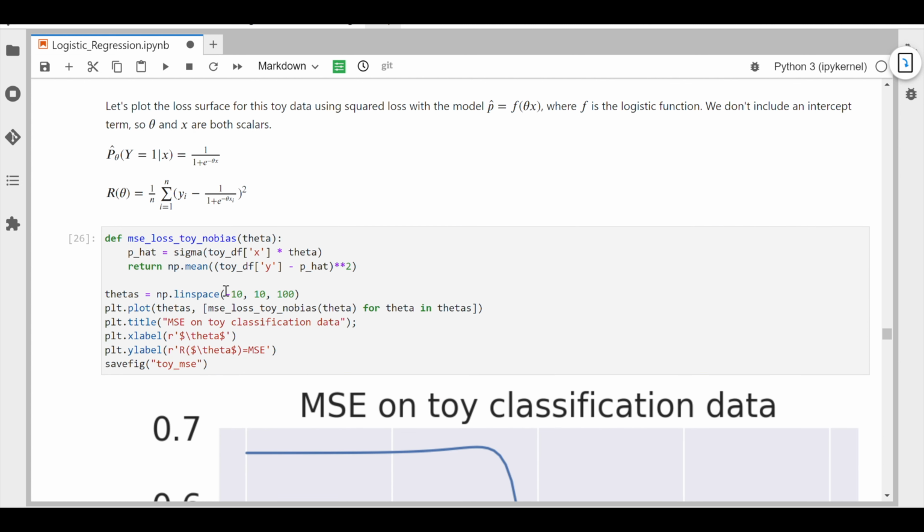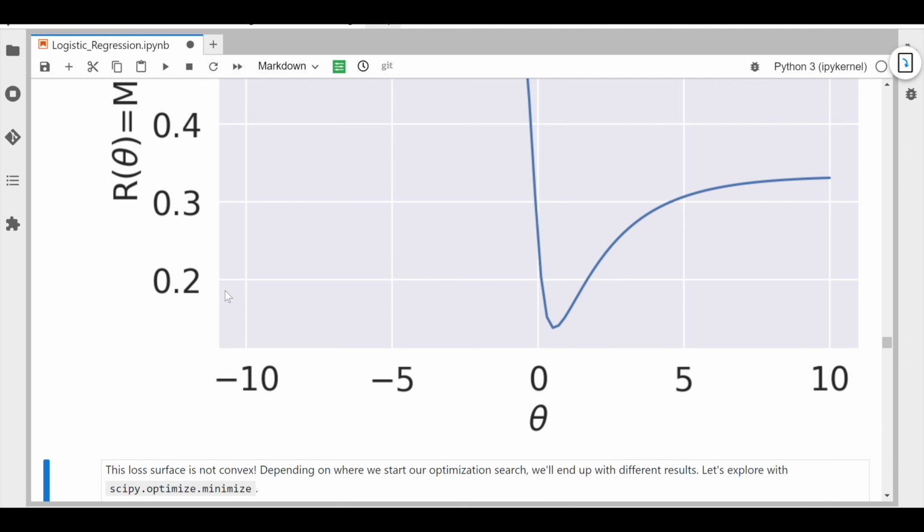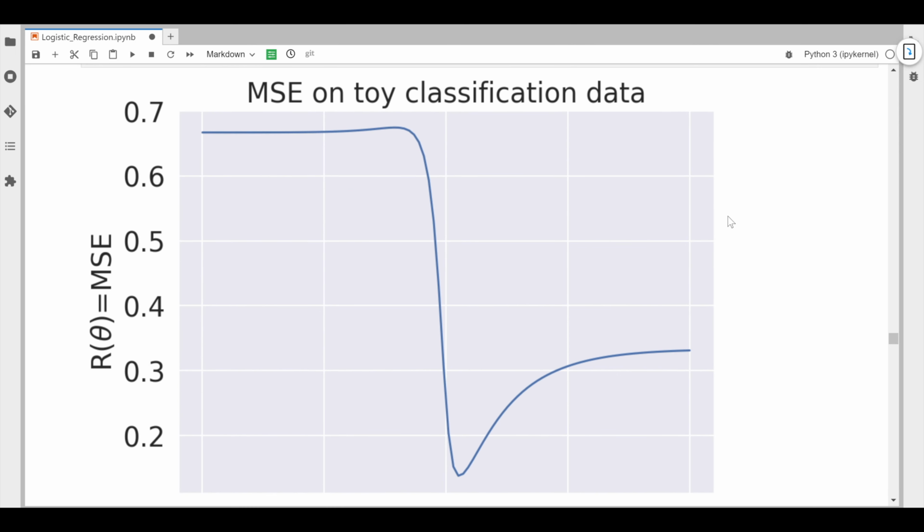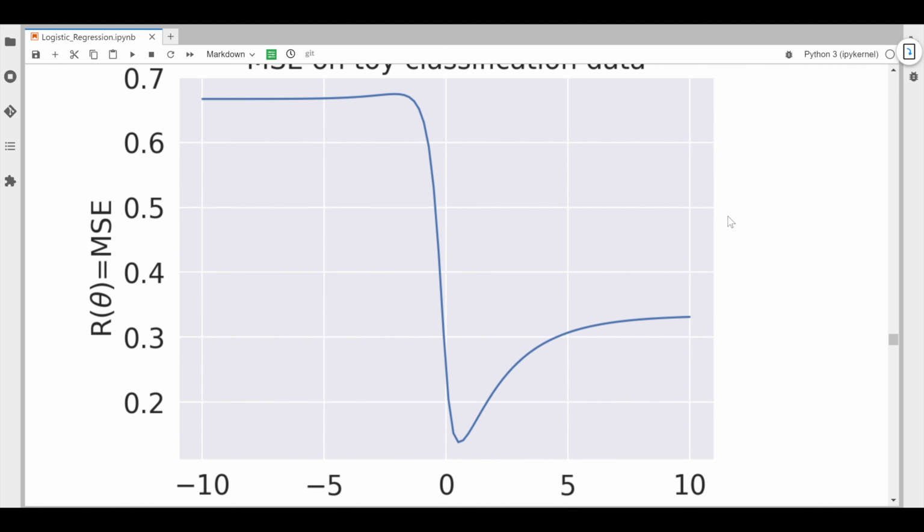And when I plot that as a function of theta here, what I want you to notice is this function that we're going to try to minimize is going to cause some problems for our numerical optimization algorithms, right? Ideally, we'd want it to find this theta, and sometimes it will.